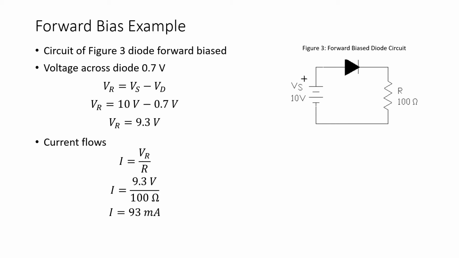And again, the circuit of Figure 3 is a simple series circuit. Whatever current flows through the resistor has to flow through the diode, and has to be supplied by the source. So the current flow in this series circuit is 93 milliamps.